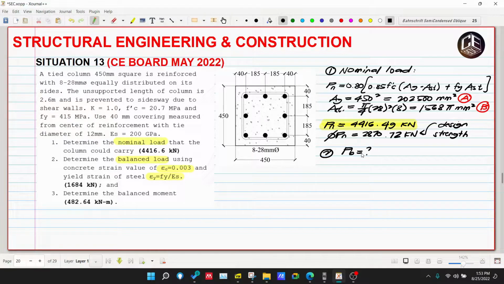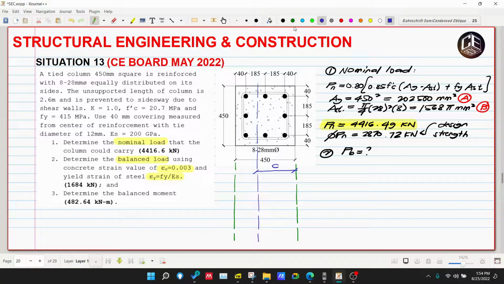So, kapag balance loading kasi, kailangan nating makuha rito yung parang ititreat na rin natin siya as beam. Then, meron tayong compression and tension side, ating concrete. So, di ba meron tayong tinatawag na neutral axis and compression block.